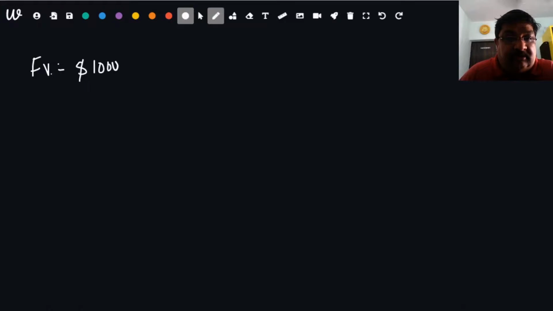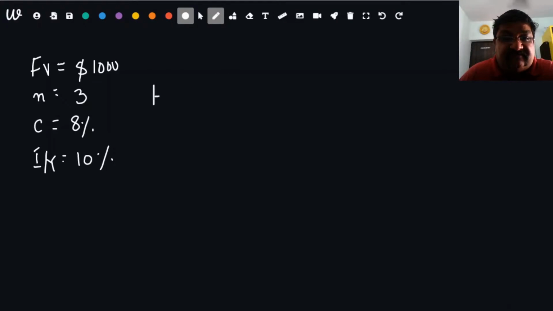A bond with a face value of $1,000. There are 3 years to maturity. It carries an annual coupon of 8%. And the minimum expected yield from this particular bond is, let's say, for the investor it is 10%.